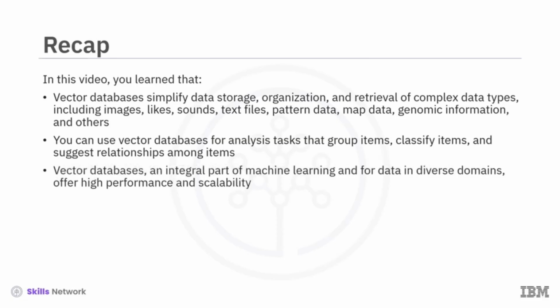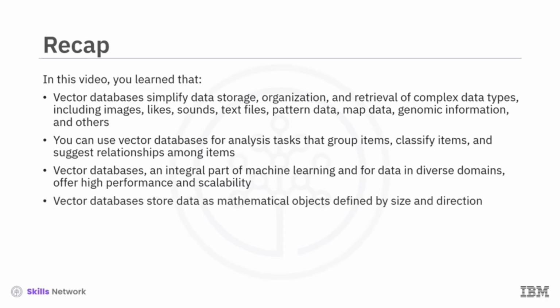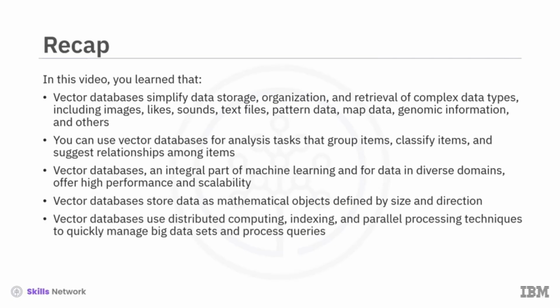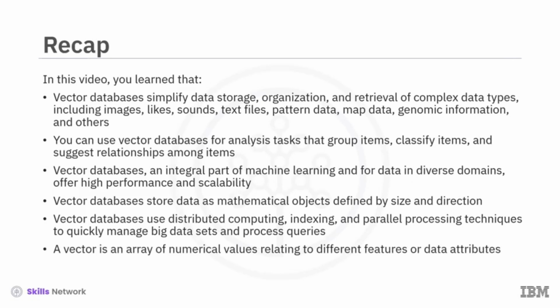Vector databases, an integral part of machine learning and for data in diverse domains, offer high performance and scalability. Vector databases store data as mathematical objects defined by size and direction. Vector databases use distributed computing, indexing, and parallel processing techniques to quickly manage big data sets and process queries. And a vector is an array of numerical values relating to different features or data attributes.